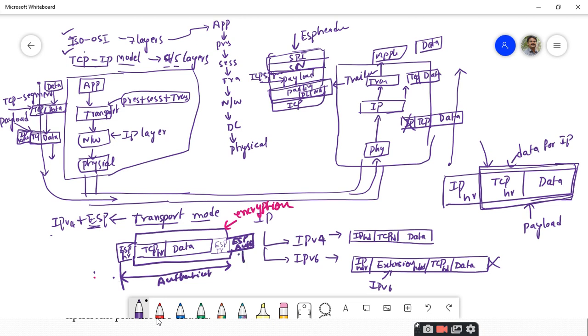That means you are keeping it as a trailer here. And since this is the IP layer processing, you have to add extra information in the form of IP header. So this is what happens in the transport mode of the ESP with IPv4 version.